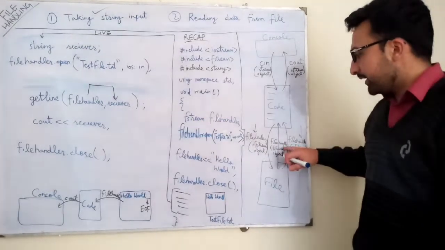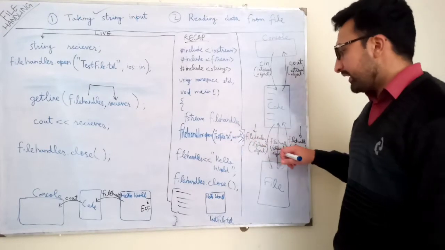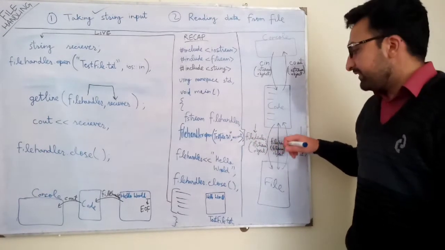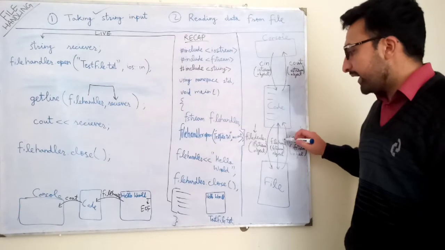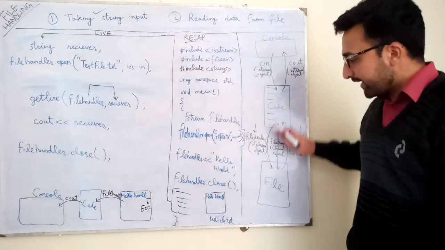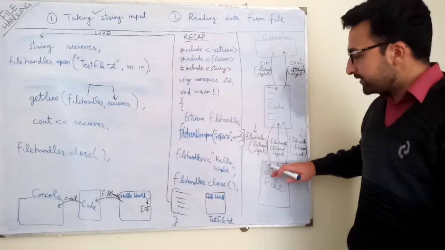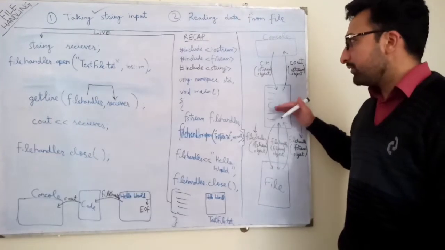The fstream object, here in this case named file handler, can be used for writing something onto the file as well as reading something from the file into our code.